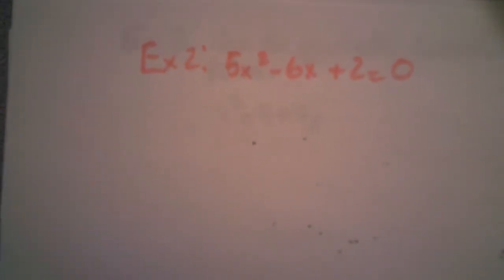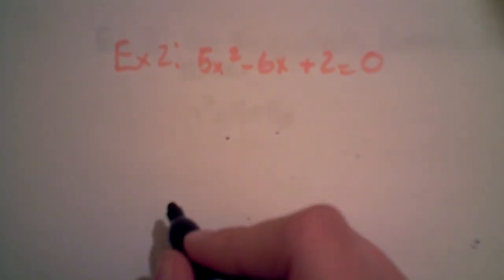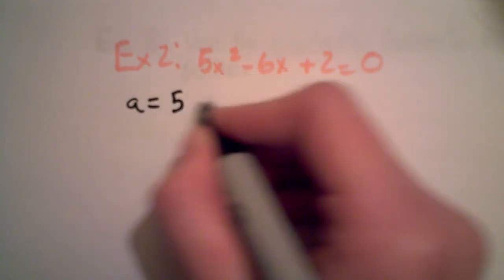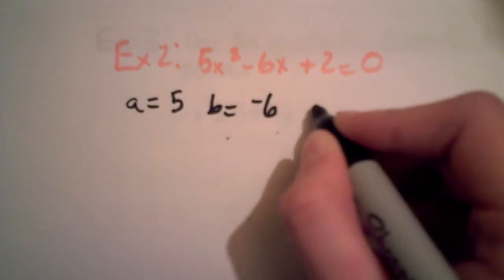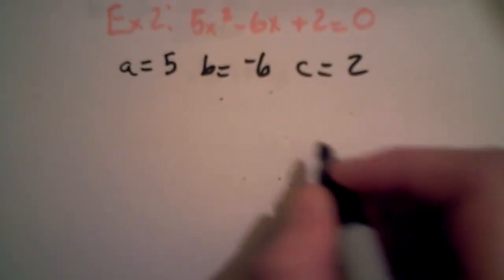I'm going to go through another one. Example 2: 5x squared minus 6x plus 2 equals 0. Same thing, let's define real quick. a equals 5, b equals negative 6, c equals 2.